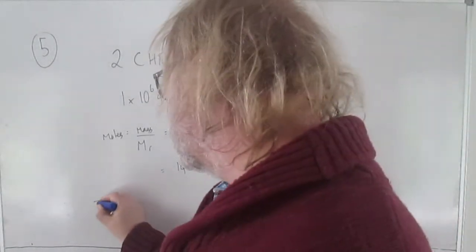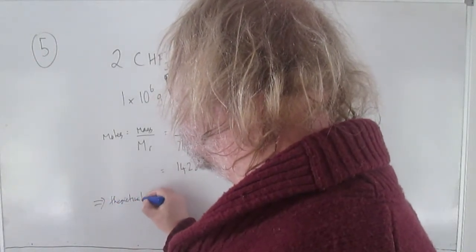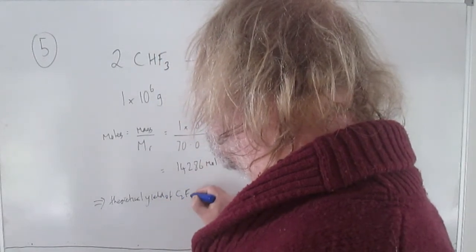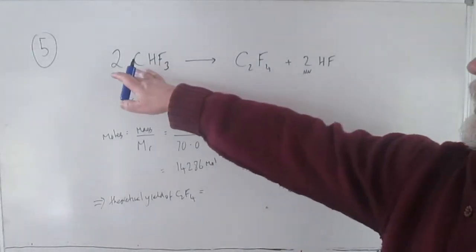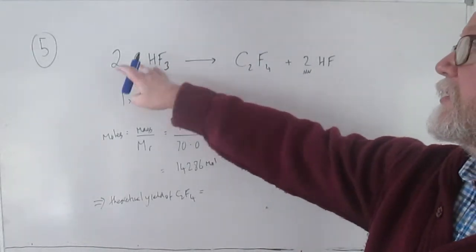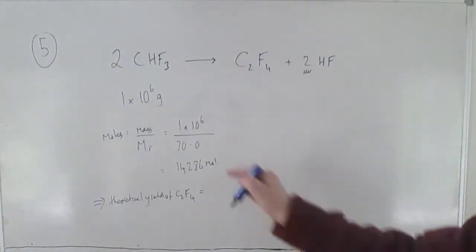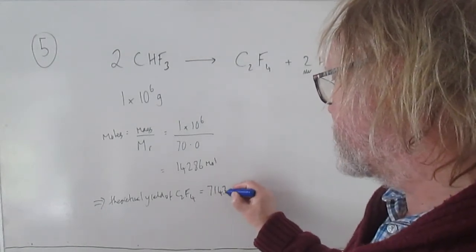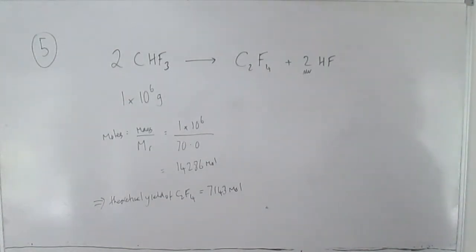So that means that the theoretical yield of C2F4 is just going to be half this number of moles, because this says however many moles of CHF3 you've got, you should, according to the equation, get half as many moles of C2F4. So half of that number, which is 7143 moles, is the theoretical yield of C2F4.